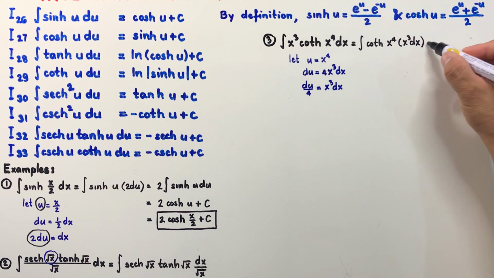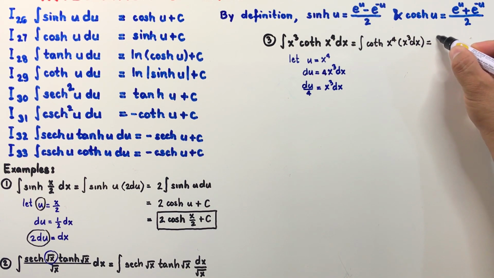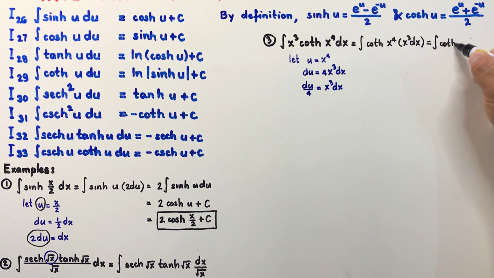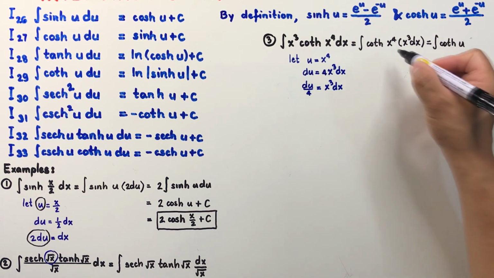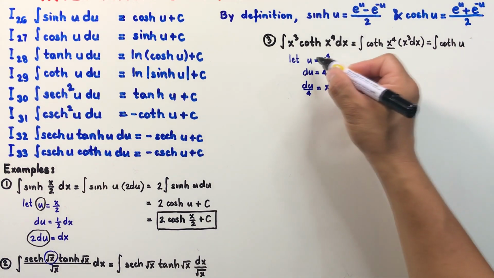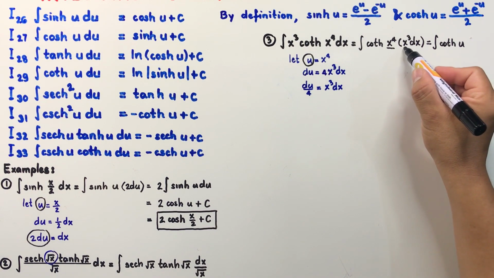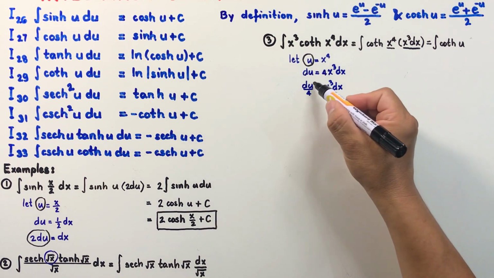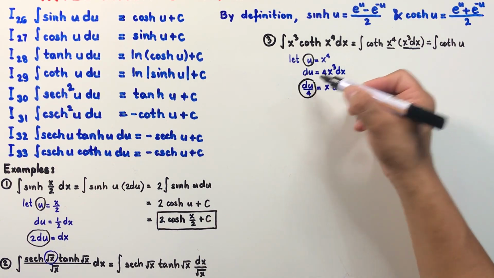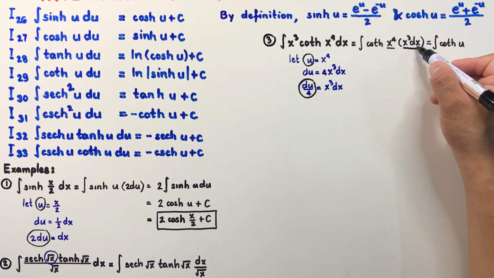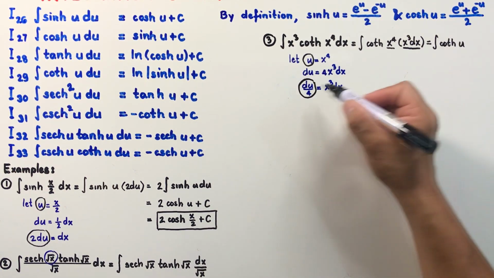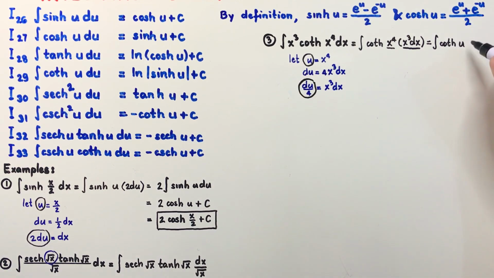And by substitution, we have the integral of the hyperbolic cotangent of u, because x to the power of 4 is our u now, but our x cubed dx is our du over 4. So instead of writing x cubed dx, we will write its equivalent representation, which is du over 4 here.